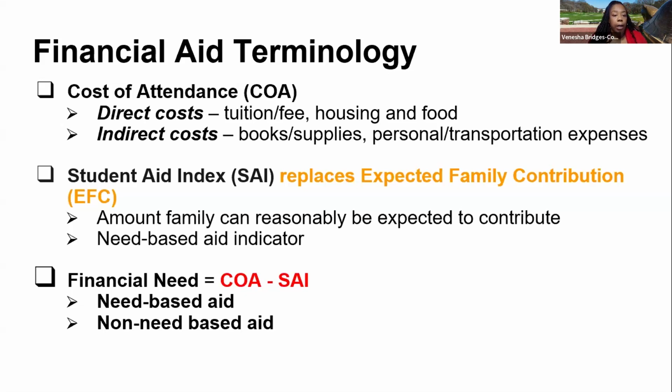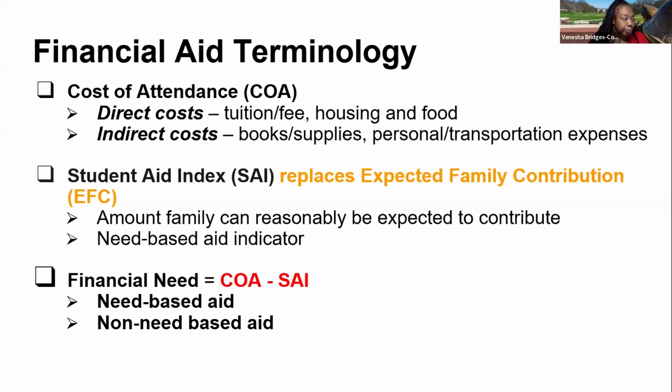What we call direct costs is anything that you will actually see on your billing statement. So that can include tuition and fees, housing, and food. So the housing and food aspect is for students who may decide to live on campus. And so a lot of times when students do reside on campus, a meal plan is required in order for them to reside.